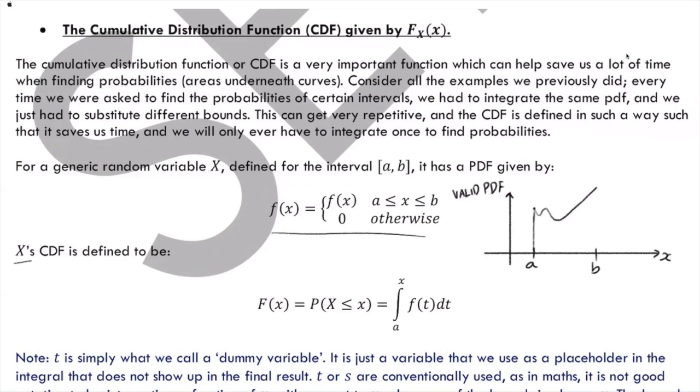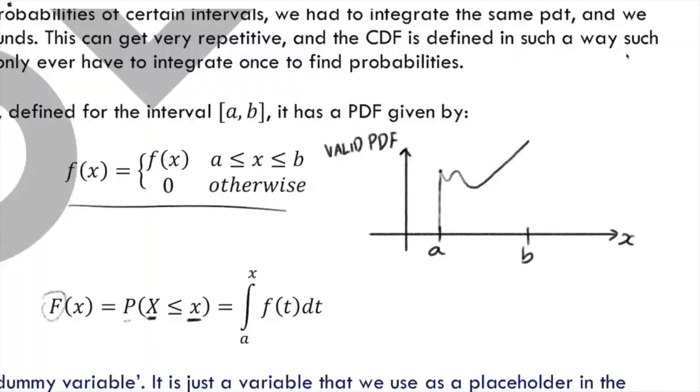The CDF is the cumulative distribution function. Cumulative means, remember how we do it with Pareto charts? We say up to this point or anything less, like anything to the left of it. That's what your CDF tells you. Your CDF is saying, what's the probability? It's denoted by a capital F of X. What's the probability that X is less than or equal to a certain X value? So what does that mean here? It means like, let's say I'm only defined from A to some specific X.